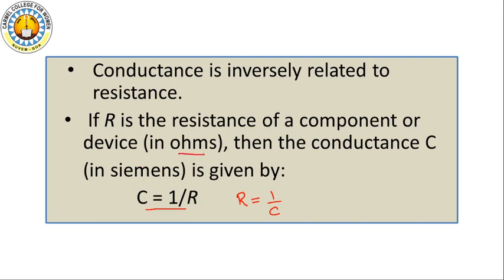Resistance is given in ohms. So what will be the unit of conductance? If the unit of resistance is ohm, then the unit of conductance will be ohm inverse, because it is the reciprocal of resistance.